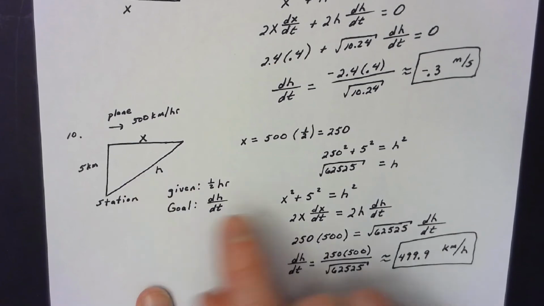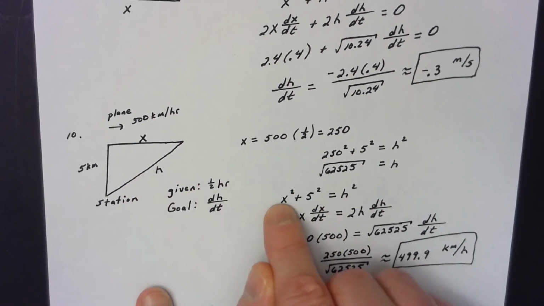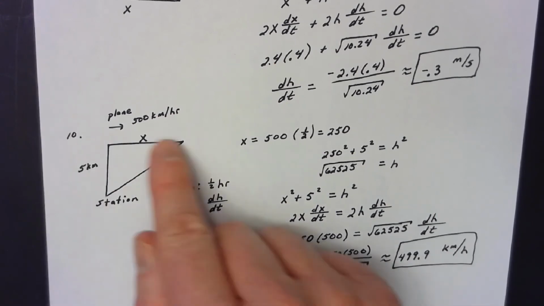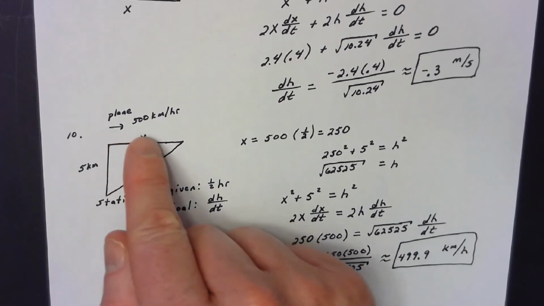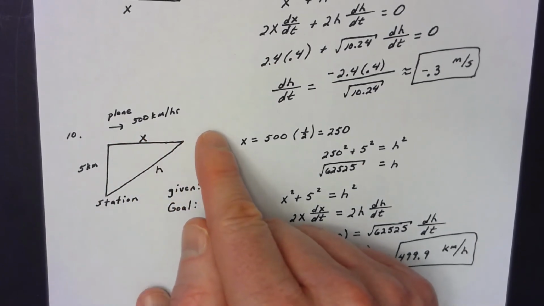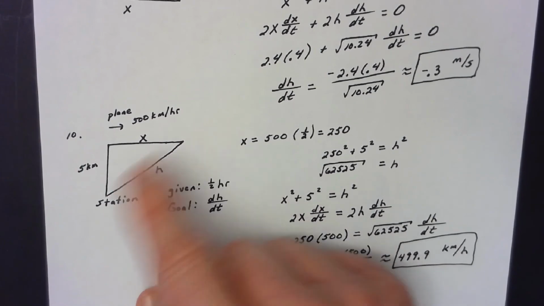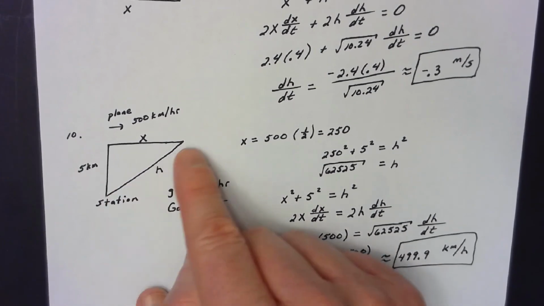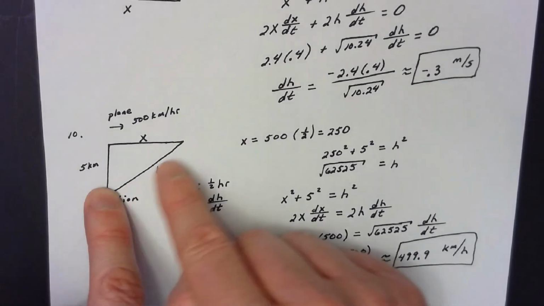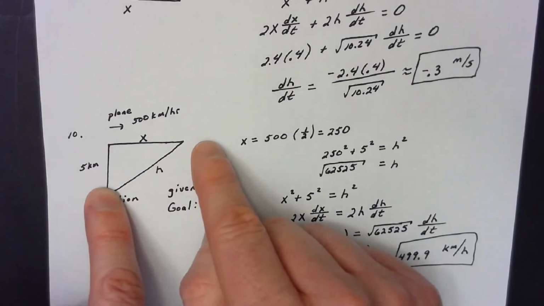Again, remember, before you take the derivative, anything that varies must have a variable. The horizontal change is varying because the plane is going to continue to fly at 500 kilometers per hour. We know dx dt is 500 in this case. We know h is going to continue to change because as the plane continues to fly in that direction, the distance between the plane and the station will change.